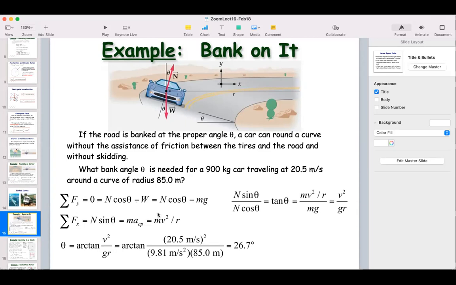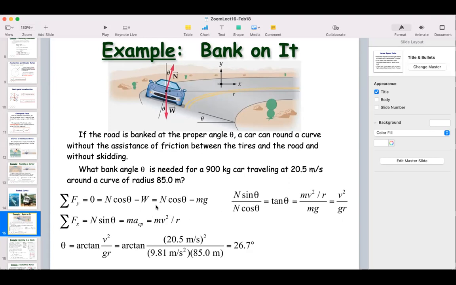Okay, I bring this to the other side. So I have n cos theta equal to mg. And here I have n sin theta equal to m v squared divided by r.